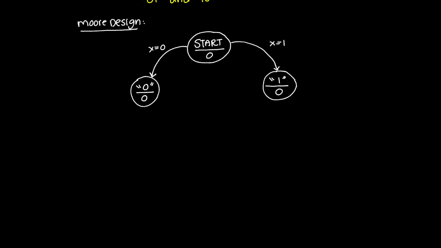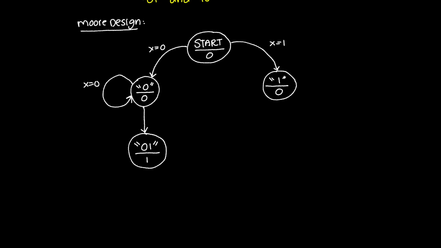The first option is that I detect another 0. If I detect another 0, I'm just going to stay in the same state. I haven't gotten anywhere. But if I detect a 1, then I'm going to move to this state that I call 0, 1. A 0, 1 transition has been detected, and in this state, I'm going to output a 1.